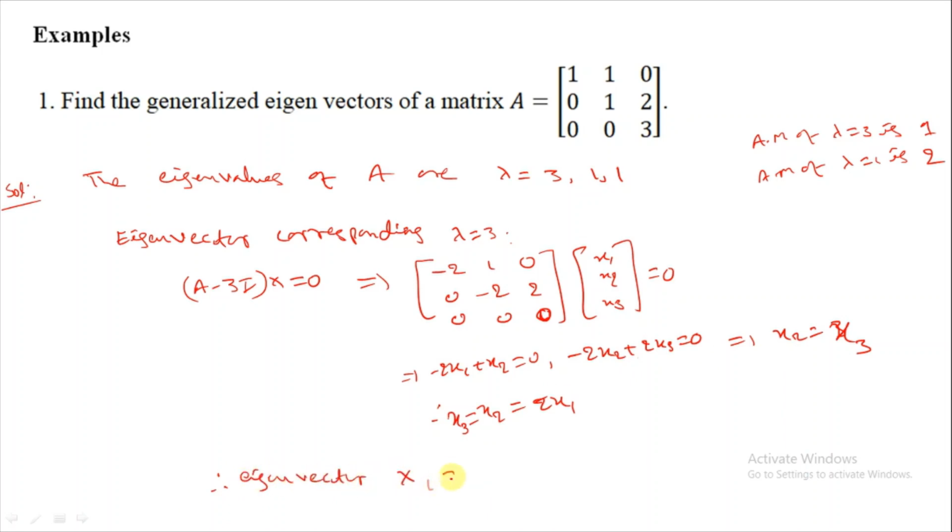You can take x1, x1 equal to 2x1. x1 is same, x2 equal to x1, x3 also 2x1. Means x1 into 1, 2, 2.